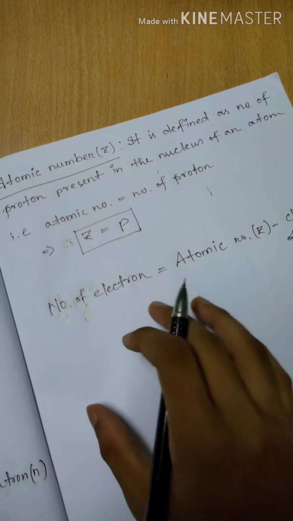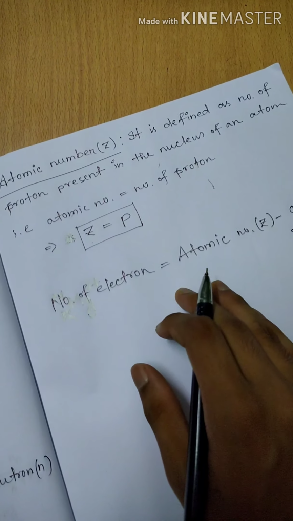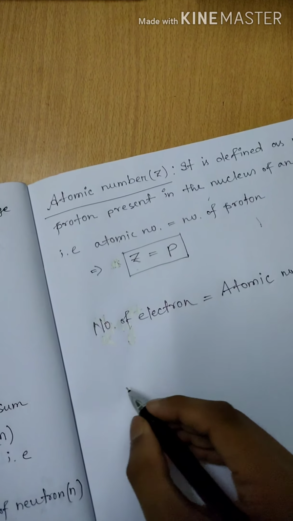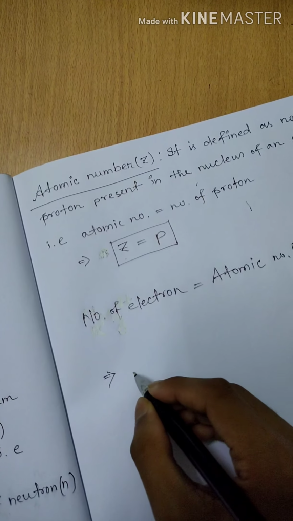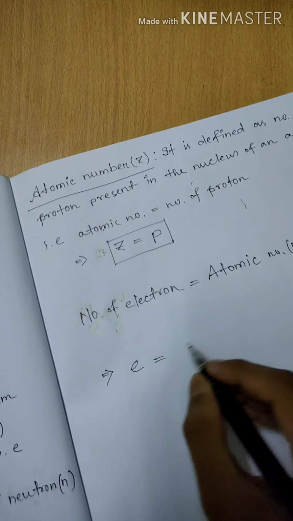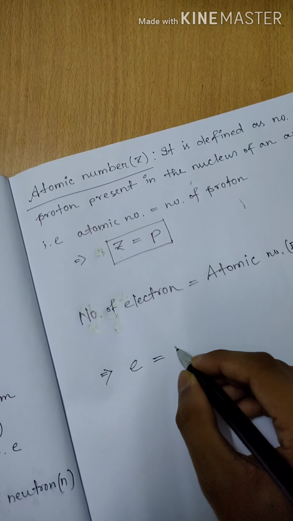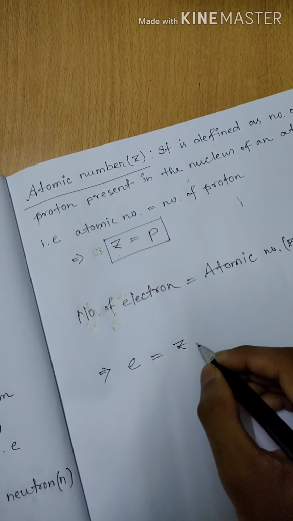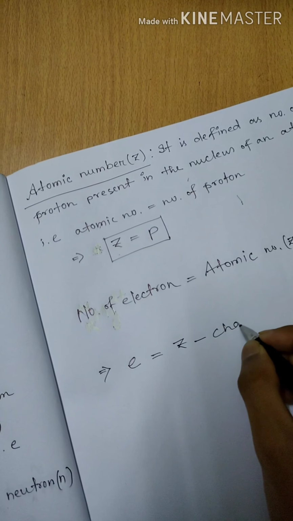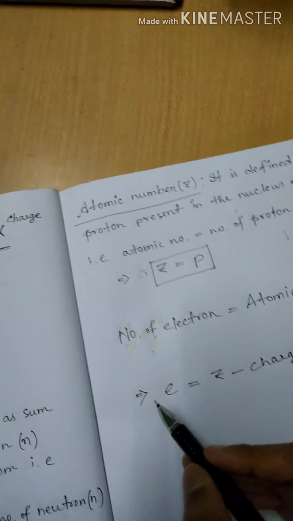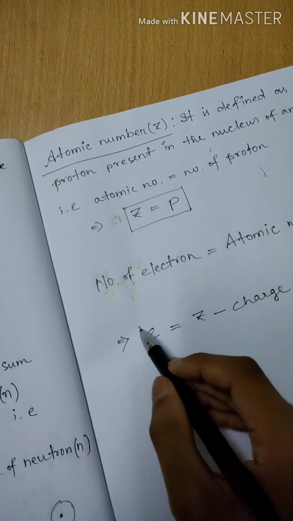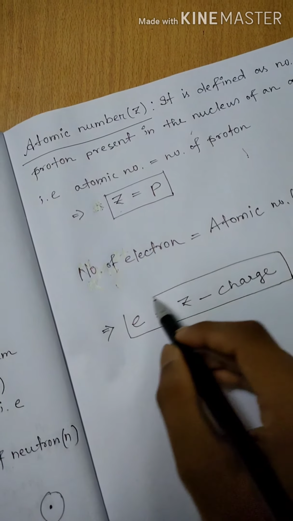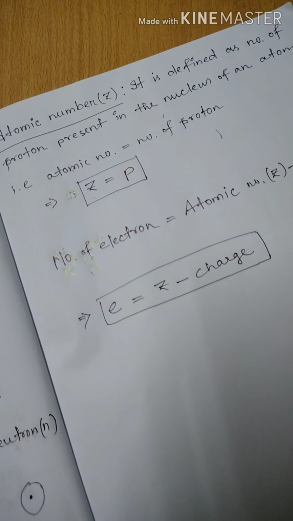Number of electrons is represented by the symbol E, atomic number is Z, and minus the charge. So this is the formula for finding the number of electrons present in that atom.